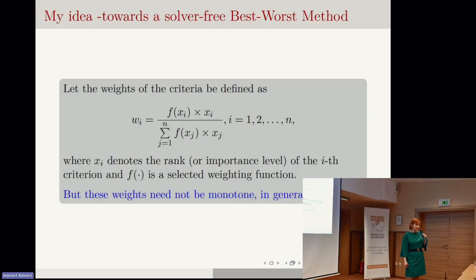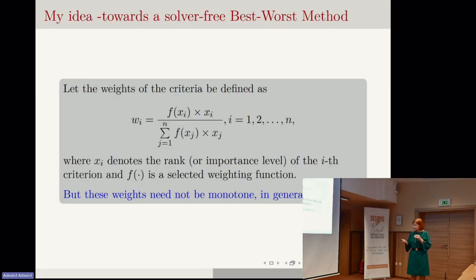And mixture functions are weighted arithmetic means where weights are determined using a function. But I only tried to apply this formula without this xi in the product and also this one. I originally put only f(x) divided by the sum of f(xi). And I didn't obtain suitable weights.